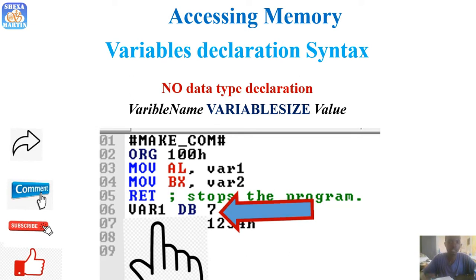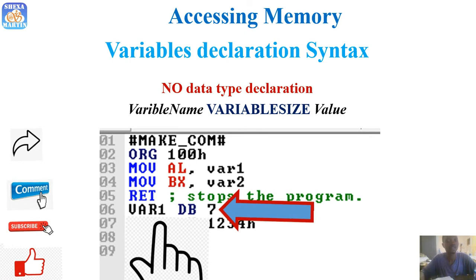So I can read this line of code saying define byte variable called var1 and initialize it to 7. So that's our variable declared. The variable is now declared.